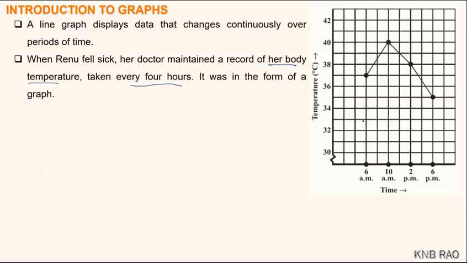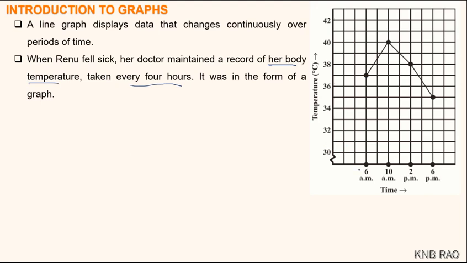Now, try to read this graph, where time intervals are shown on the horizontal axis, body temperature in degrees Celsius is shown on the vertical axis. A kink is placed here so that 0 to 30 we are not showing. So, her body temperature minimum is 30 and above only we are taking. So, at 6 am her body temperature is 37 degrees Celsius, because 1 unit interval is 1 degree Celsius on the vertical axis.